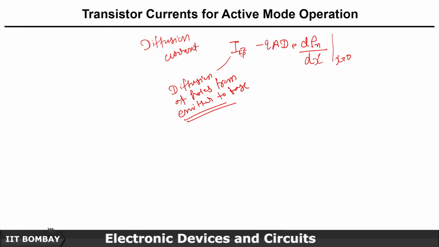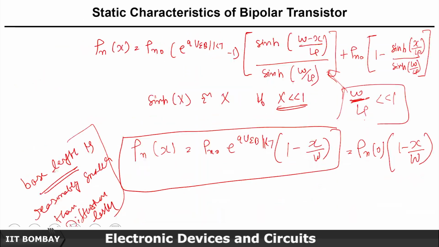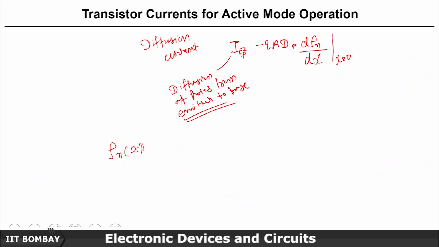Now the expression for Pn(x), which we just derived, is Pn0 e raised to the power q VEB by KT, times 1 minus x by W, or it can be written as Pn0 multiplied by 1 minus x by W. So we will use this expression here.